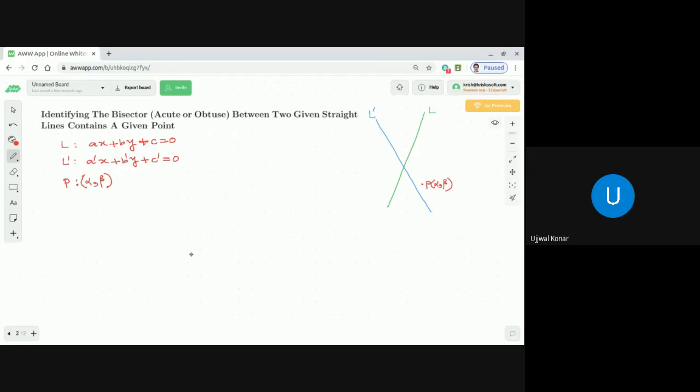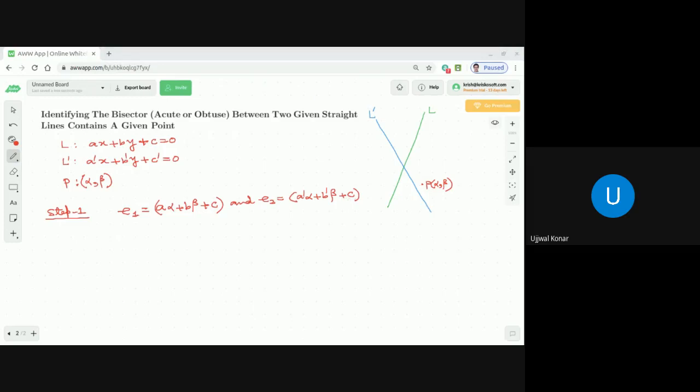For that, in step 1, we are going to find the value of two expressions, which we define as E1 and E2. E1 is a alpha plus b beta plus c, and E2 is equal to a dash alpha plus b dash beta plus c dash. So these are the two expressions we find.